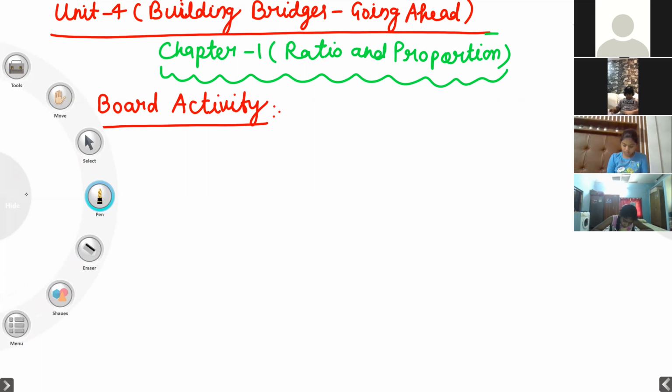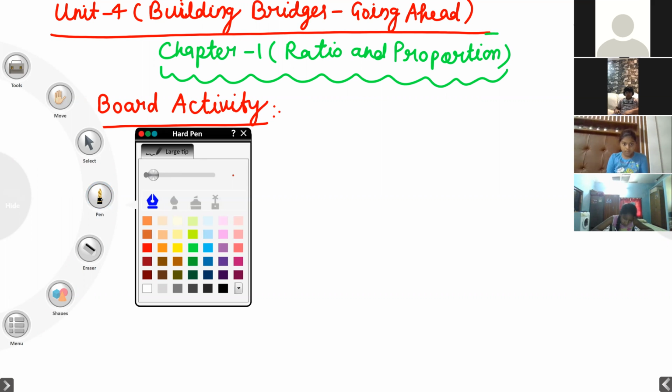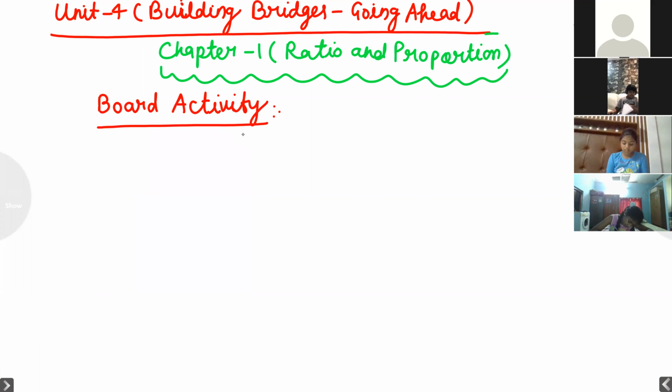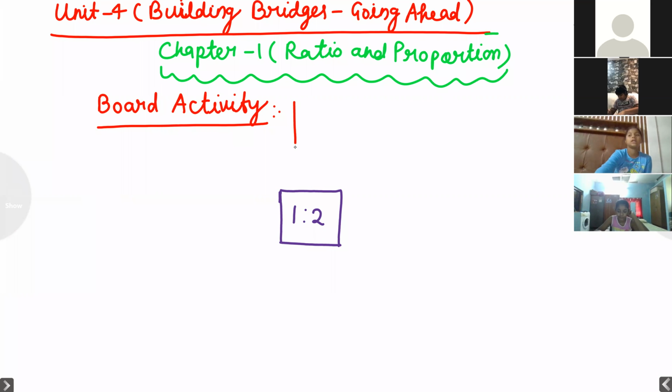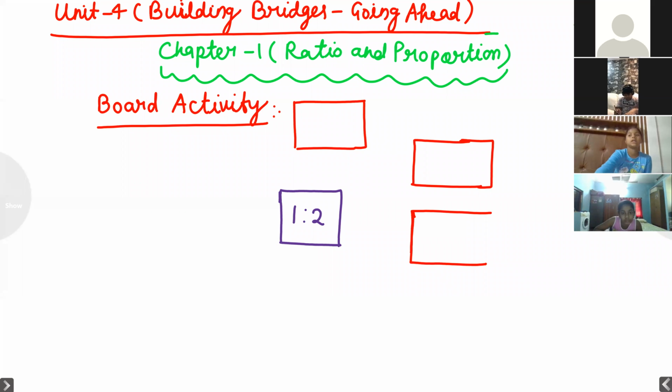I am drawing one figure, students. You have to draw this figure also. Those students who give the first right answer will be the winner of this activity.